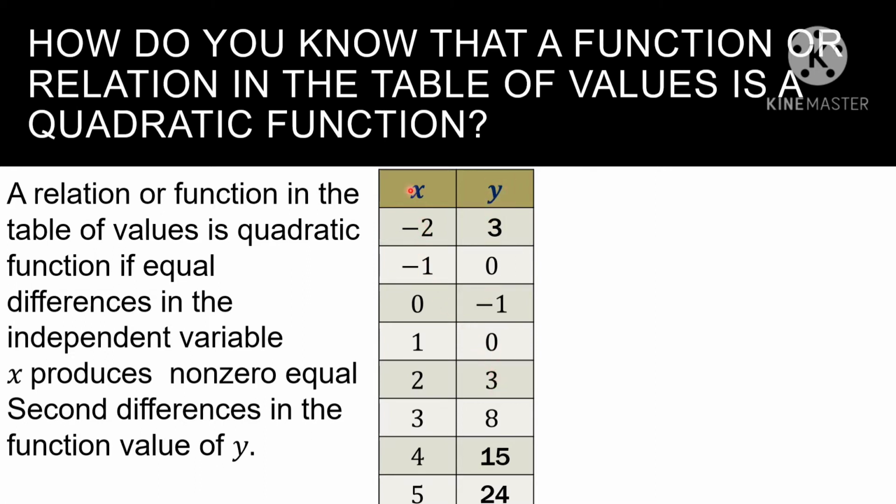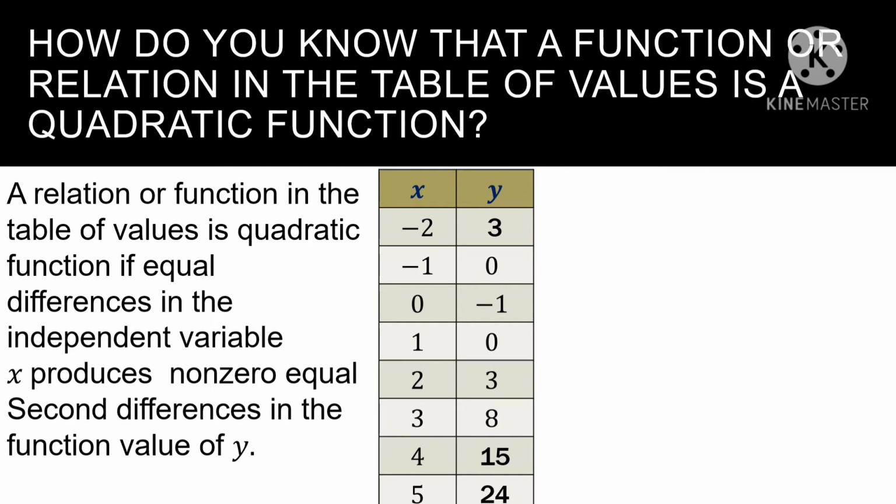So we make sure that in the x values, ang bawat pagitan ng mga numbers ay equal. So in this case, equal naman. Ang bawat number ay 1 ang pagitan. So you have negative 2, negative 1, 0, 1, 2, 3, 4, and 5. So kung masatisfied na yung condition na yan, we'll proceed to the dependent variables.